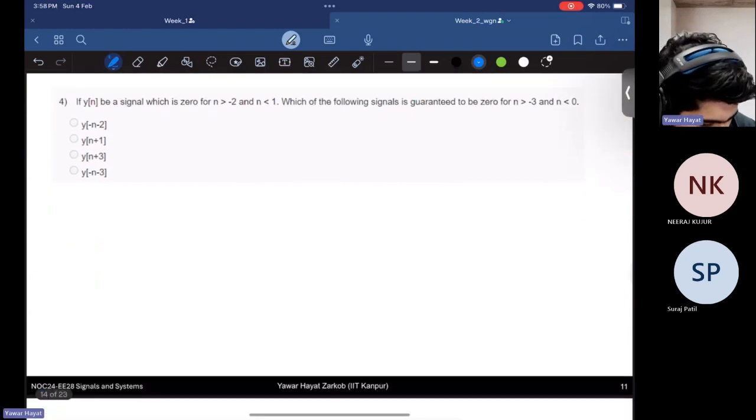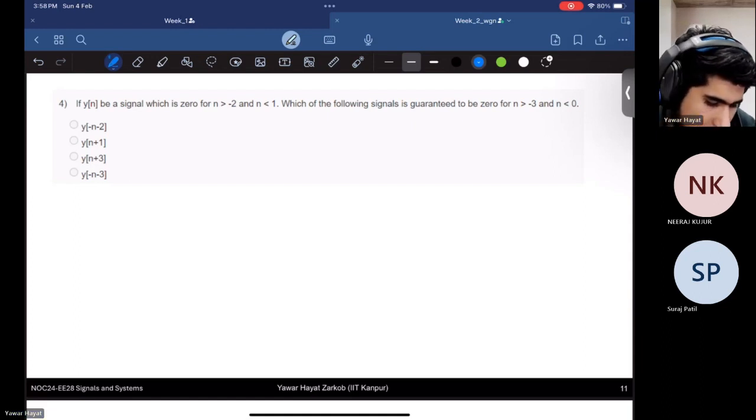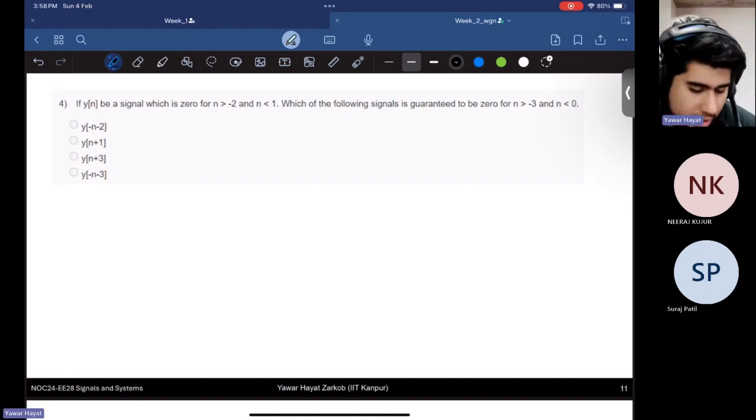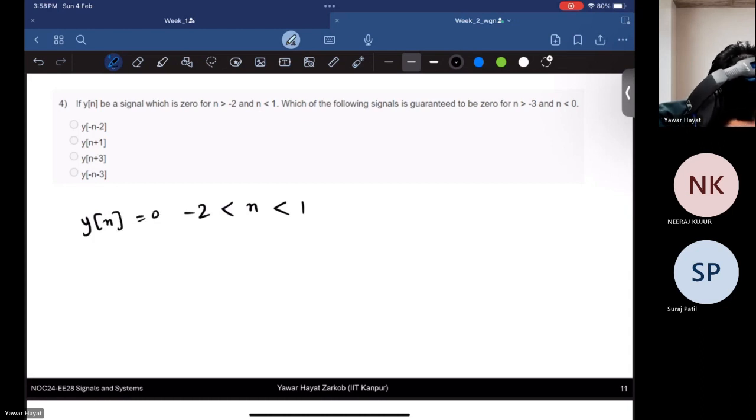Question number 4. If y of n is a signal which is 0 for n greater than minus 2 and n less than 1, let me write this interval for you. Meanwhile, you can attempt this question. Write this y of n is 0 for this interval.